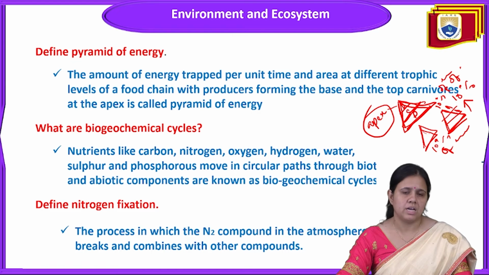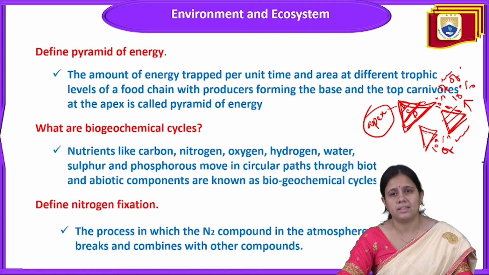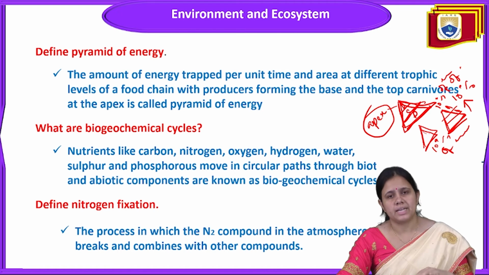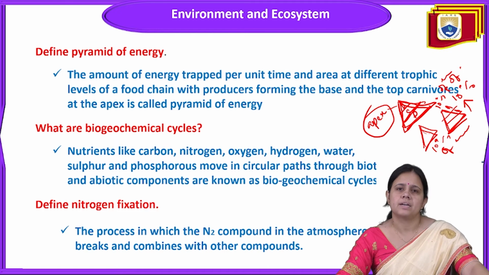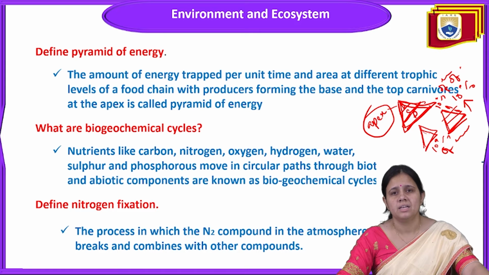Some nutrients are already present on the earth, and their recycling, through the activity of biotic or abiotic components in the ecosystem and atmosphere, is what we call a biogeochemical cycle. These are nutrient cycles present on the earth that move in a circular path through the biotic and abiotic components of the ecosystem.